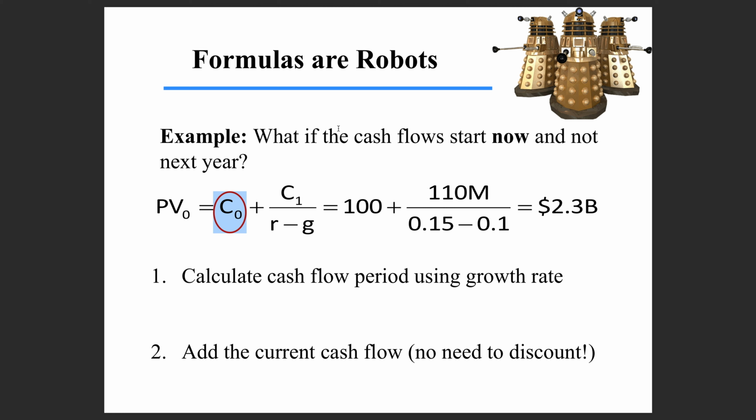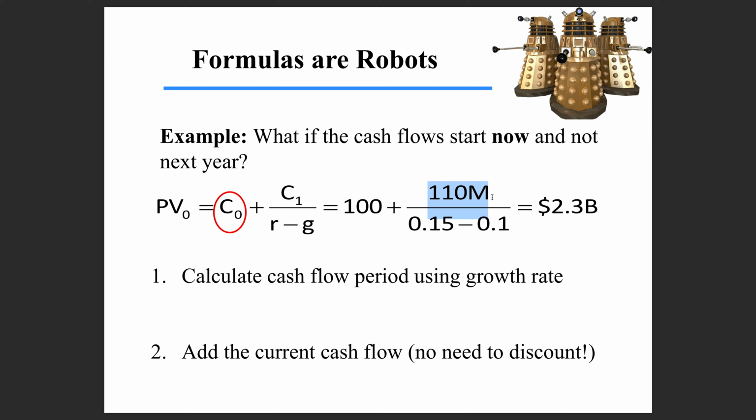Well, then the time 1 cash flow, which will go into growing perpetuity formula, is 100 multiplied by 1.1. We use $110 million in the growing perpetuity formula because this is our time 1 cash flow. And we divide by R minus G as before.